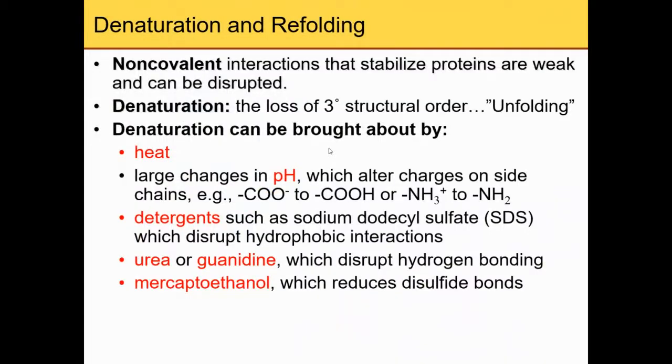Denaturation and refolding. Non-covalent interactions are weak and they can be disrupted. Like we just mentioned, you have the hydrophobic interaction, ionic interaction, and the hydrogen bond between the polar side chains.